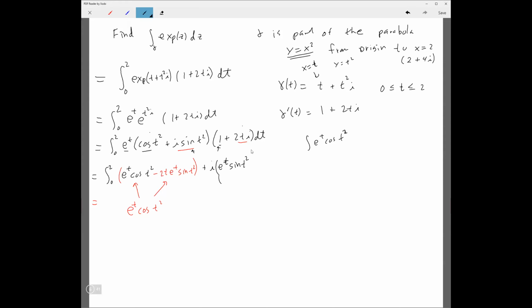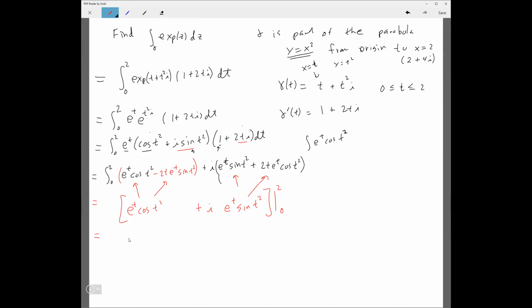And then this times this will be 2t e to the t cosine t squared. An antiderivative for that would be just e to the t sine t squared, because the derivative of this part is just e to the t times that, and the derivative of this part is 2t cosine t squared. So yeah, great, we found an antiderivative.